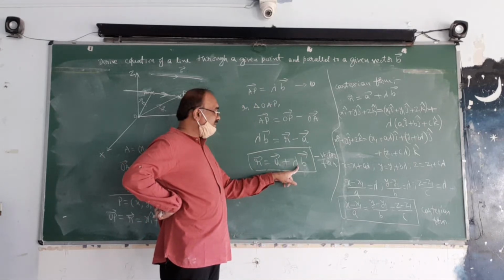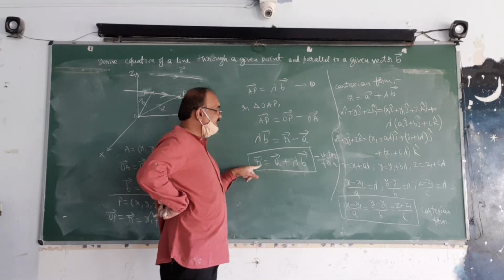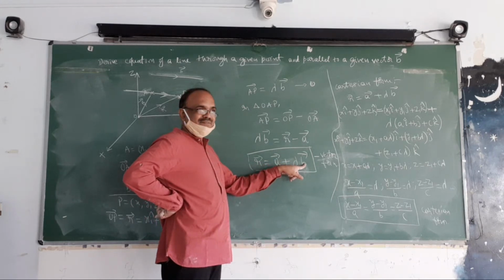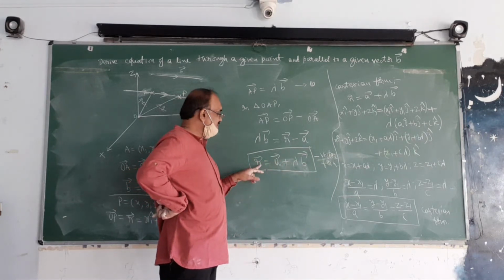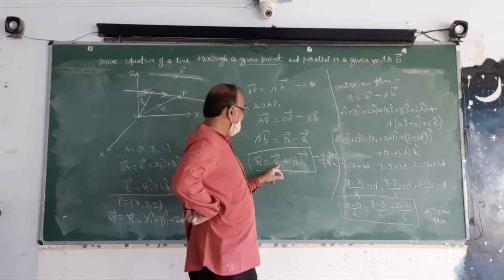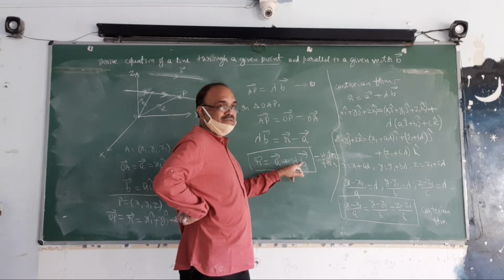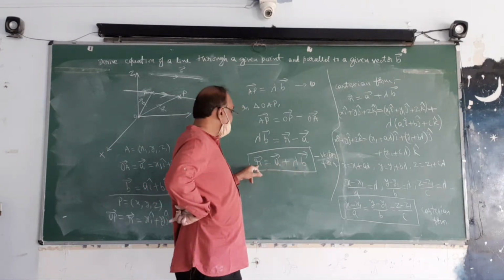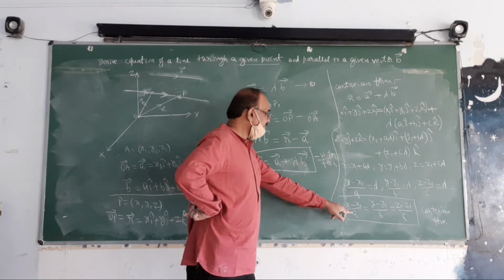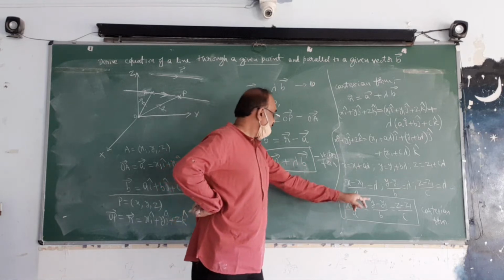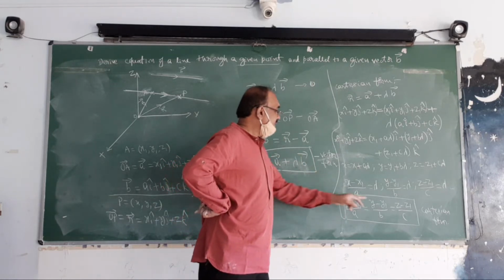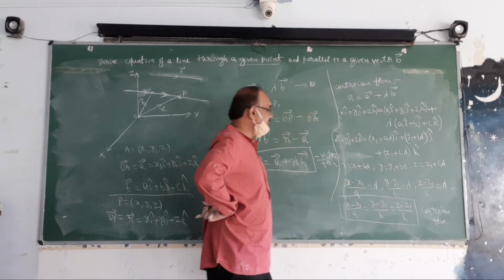You wanted lambda. What is lambda? r minus a divided by b. And here you take only coefficients: x minus x1, here direction a. I said that for direction ratios you will use a, b, c. So x minus x1 by a, y minus y1 by b, z minus z1 by c.